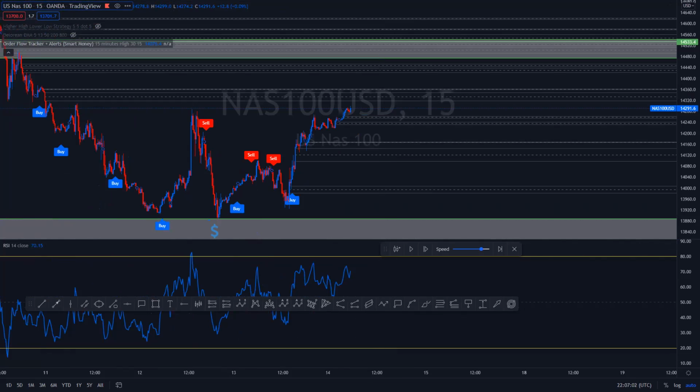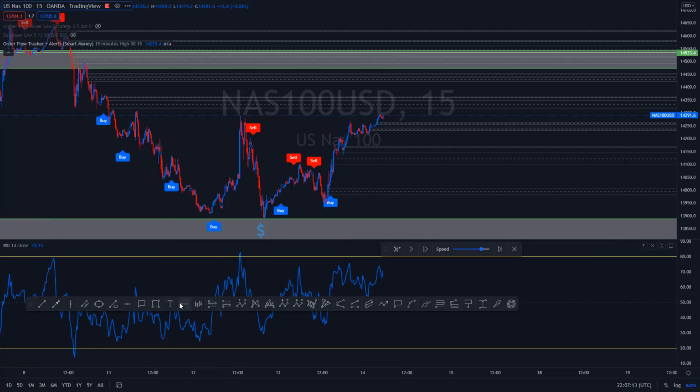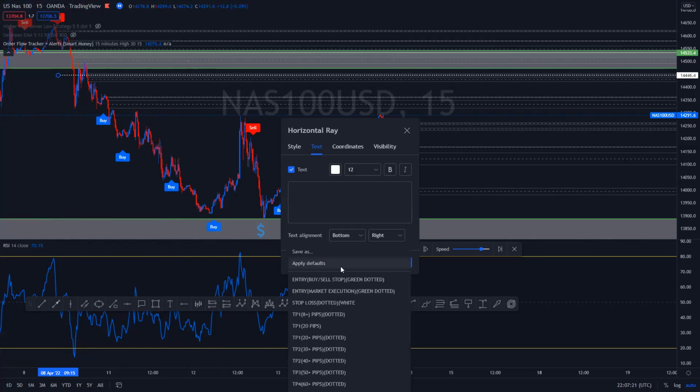All right. So then once I locate that, I go ahead and actually mark the areas where the imbalances are, because these are the areas I use for my take profit. So mark these and make these blue.